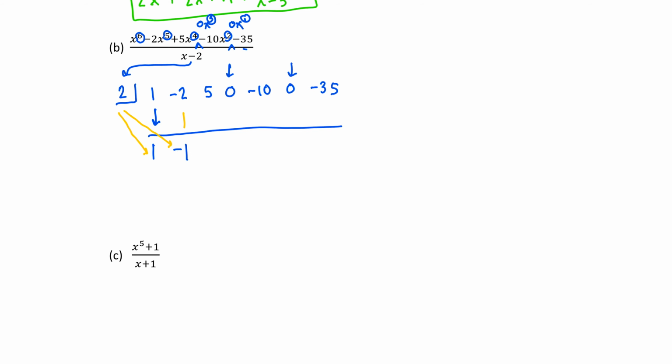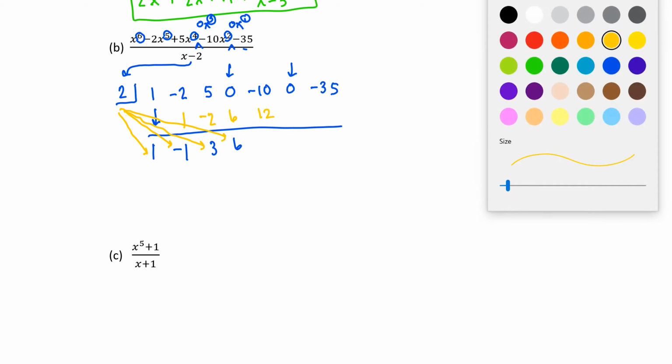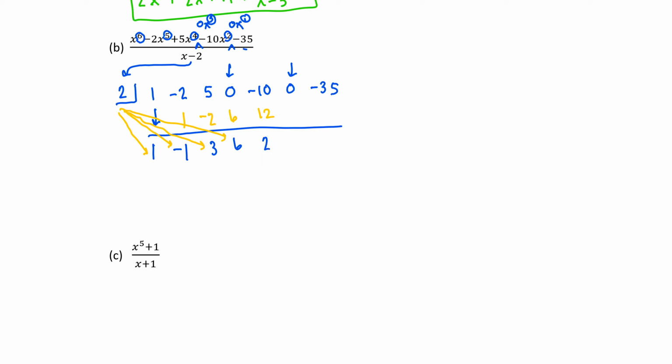2 times negative 1 is negative 2. Then we add vertically to get 3. We're going to multiply the number in the box times the number on the baseline. 2 times 3 gives me 6. Add vertically, 0 plus 6 is 6. Continuing, 2 times 6 is 12. And then add vertically, negative 10 plus 12 is 2.